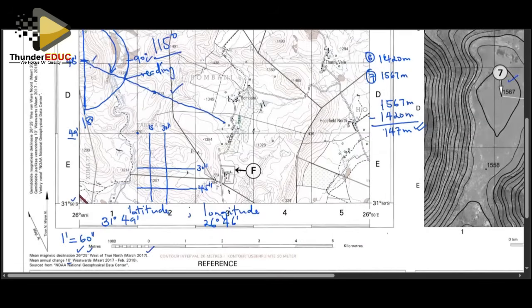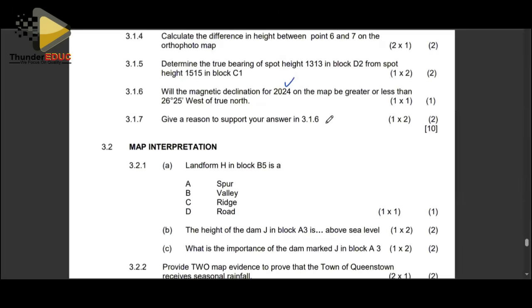So automatically that means it is going to be greater. It will be greater. And the reason I have given already, mean annual change is westwards. So it being westwards, the change is added.